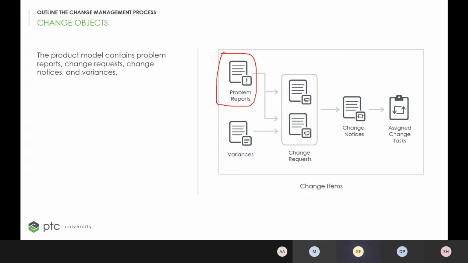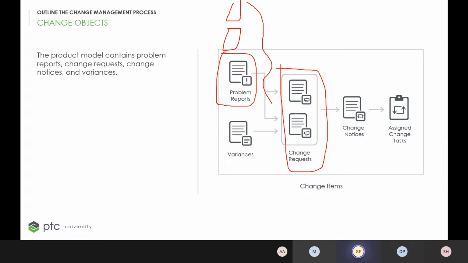Then you have the change requests. This can be used to gather common problem reports. You may have several of these problems or just one, and you gather them all together in this change request and then submit a formal request for this change to happen.